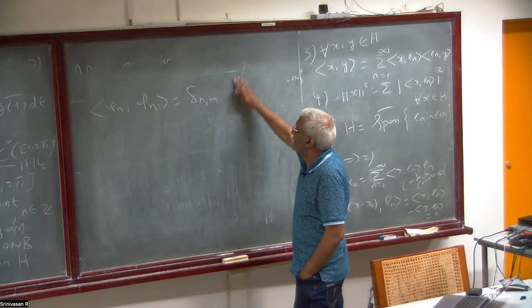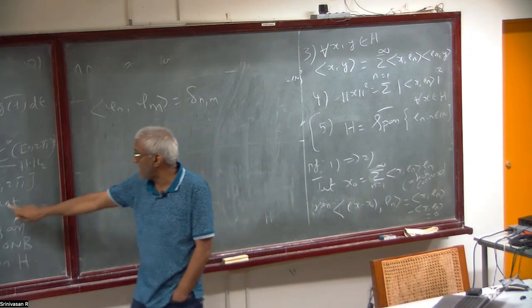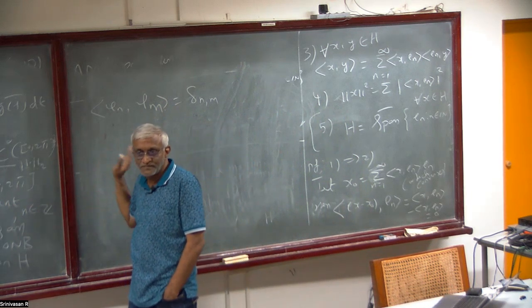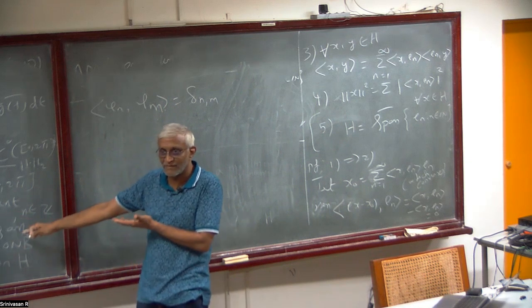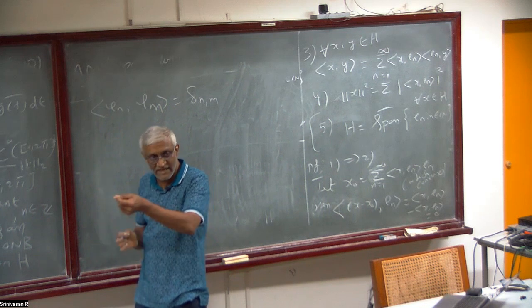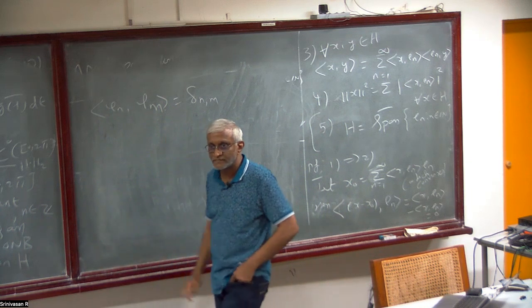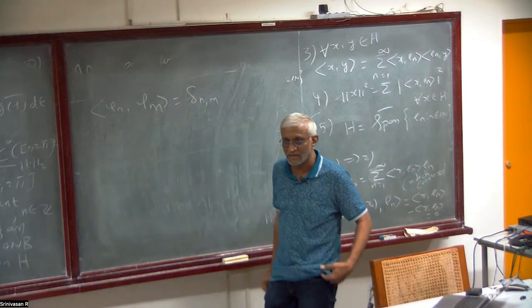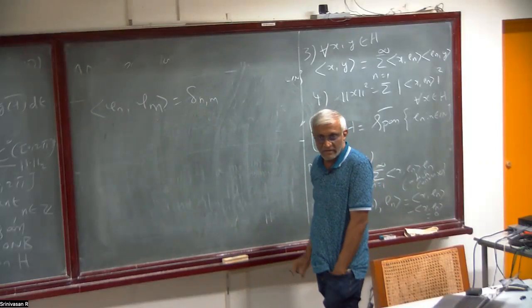So you can easily check: if you have φ_n and φ_m, you are going to have e^{i(n−m)t}. You know how to integrate this. By the fundamental theorem of calculus, e to the power something divided by some constant will take the same value at both the endpoints 0 and 2π, so it's 0. That's all. So this you can do easily.